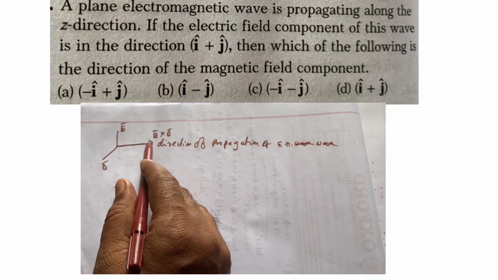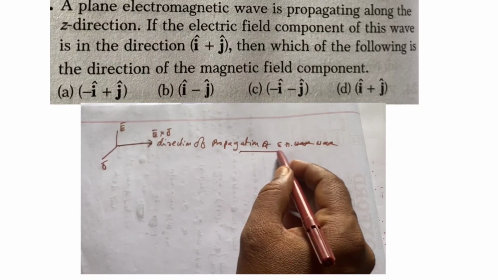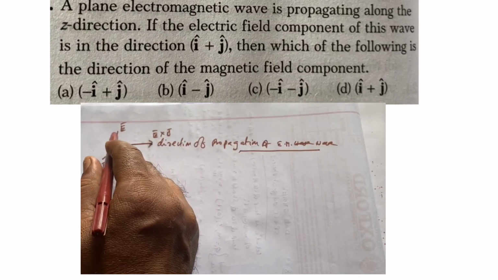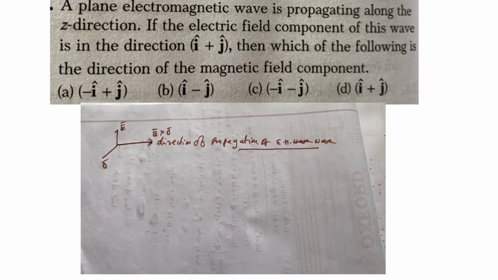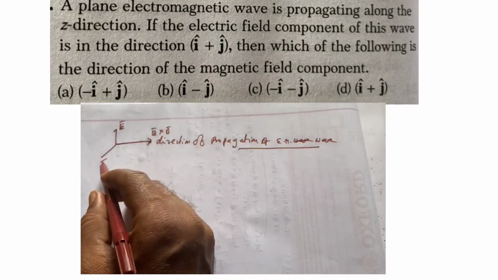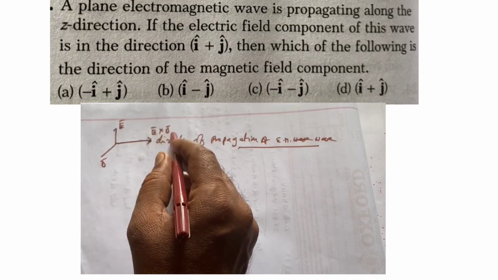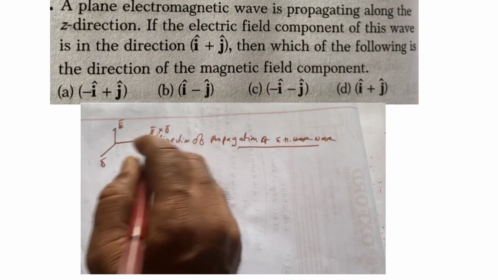This is the direction of propagation of the EM wave. Consider the direction of electric field and magnetic field in the EM wave. E bar cross B bar gives the direction of propagation of the EM wave.